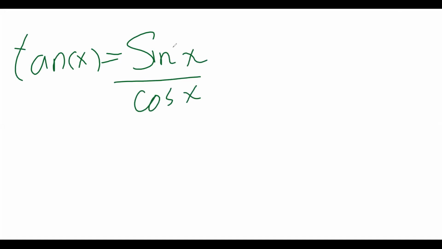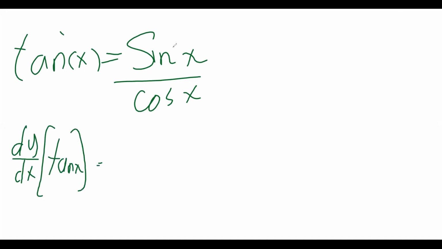Now, if I want to find tan prime, or the derivative of tan, look at them. Are they f of x over g of x? Are they two functions that are divided? Yes. So let's name the first one f and the second one g.